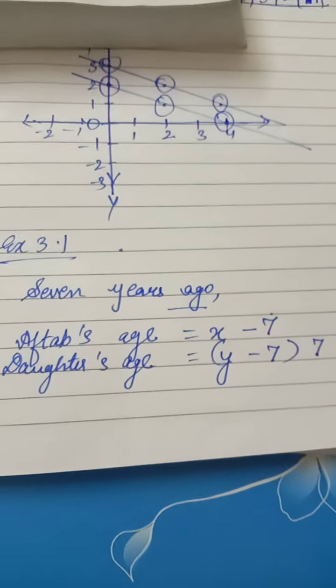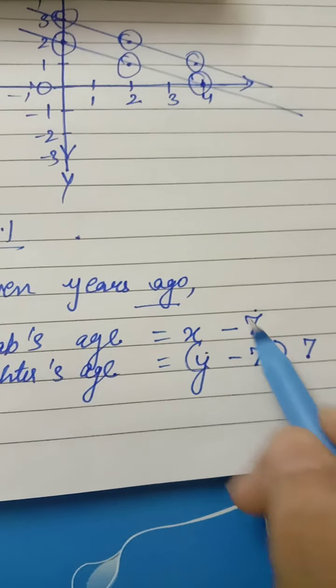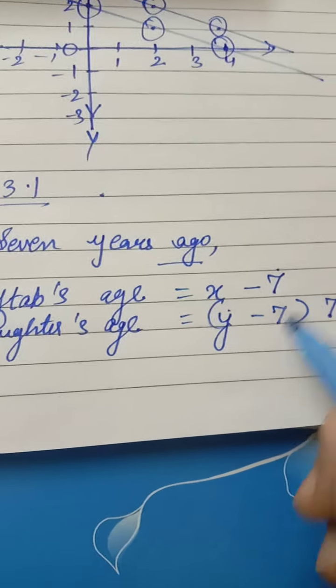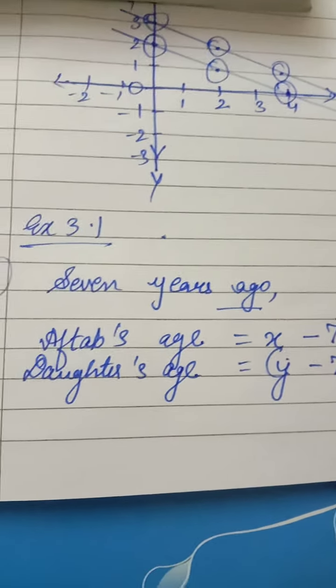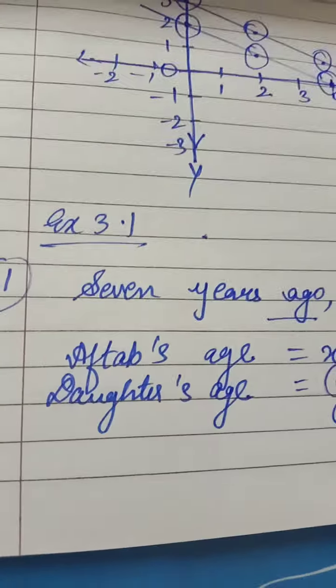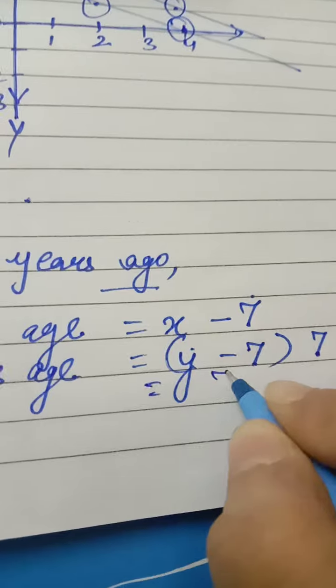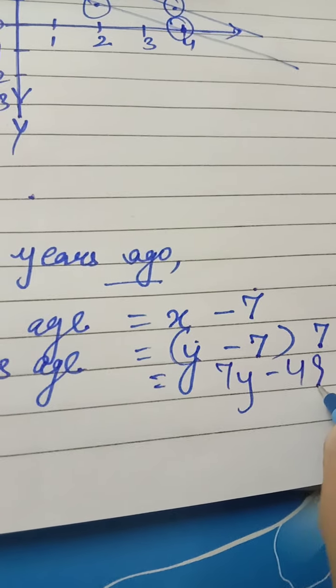So we'll have 7 multiplied by y minus 7. So we get here 7y minus 49.